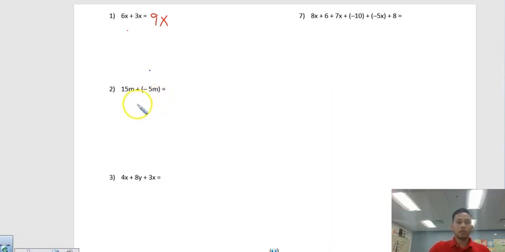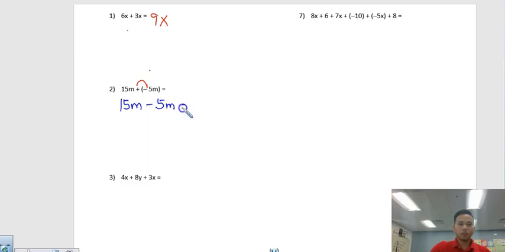So they are like terms because their variable are the same. The exponent of the variable are also the same. So we have 15m plus the quantity, this is one group. So negative 5m is one group. So positive times a negative will give us a negative. So if I'm going to rewrite that, it will give me 15m, now instead of the plus there, because positive times a negative will give us a negative, and copy 5m.